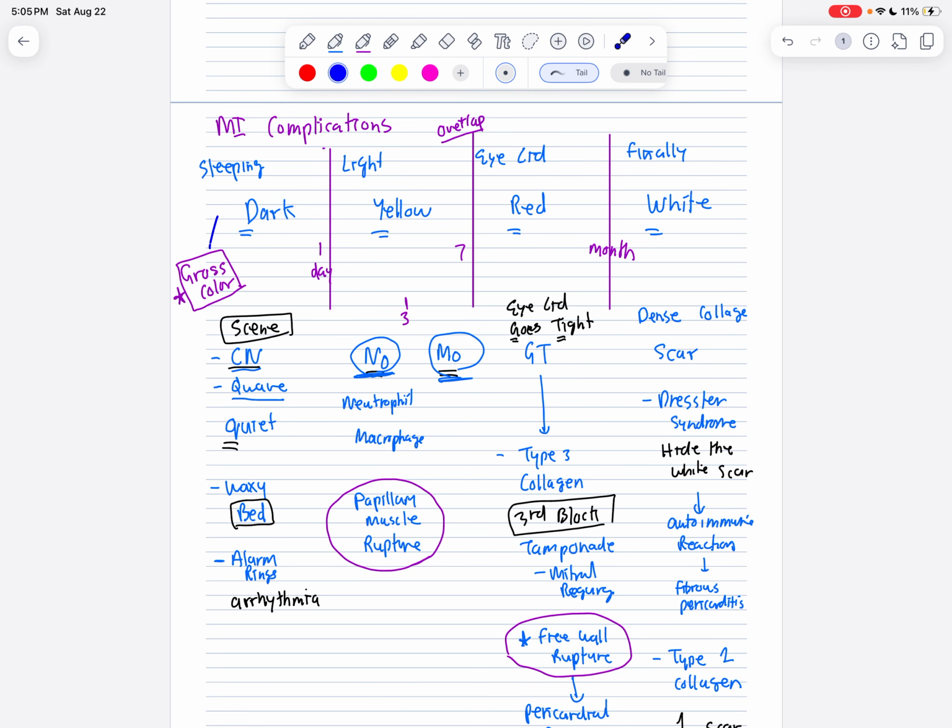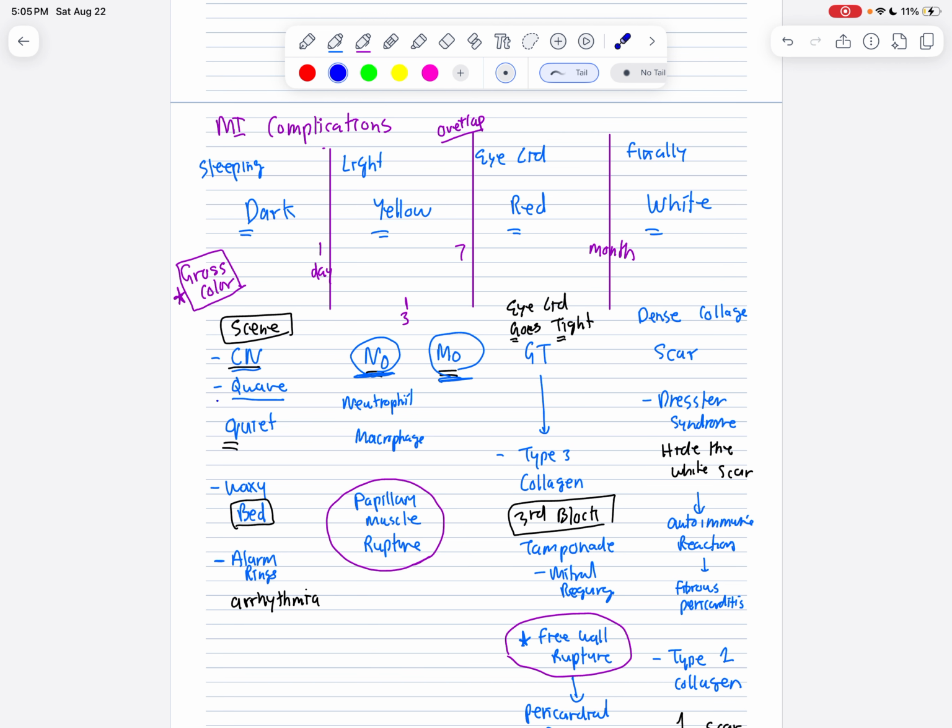So I talked about the gross color, and after the gross color, we are going to talk about the scenery, certain things which are associated with it. So a dark scene, just imagine coagulative necrosis.